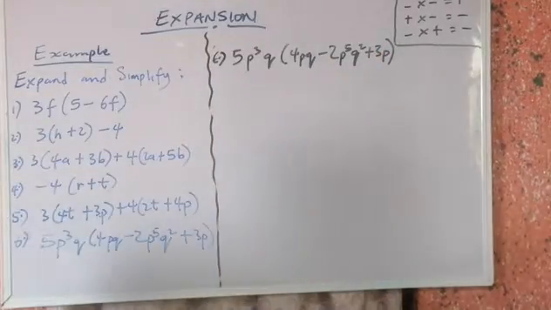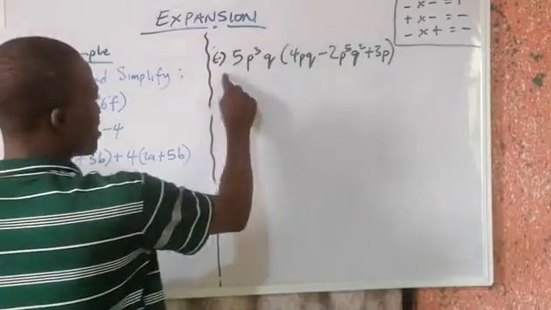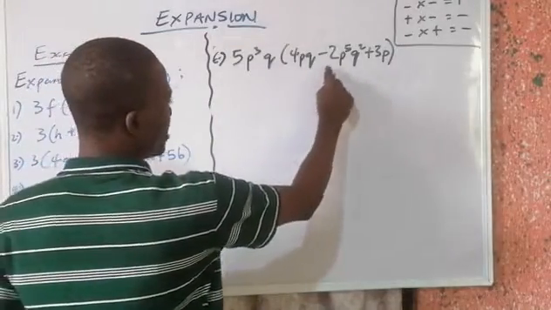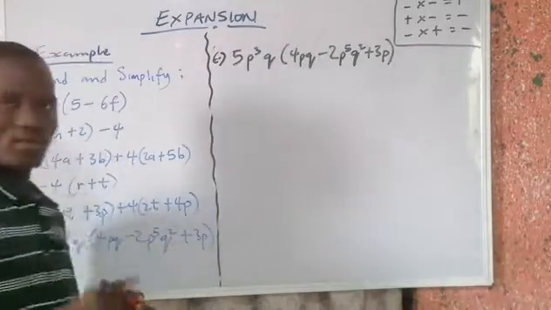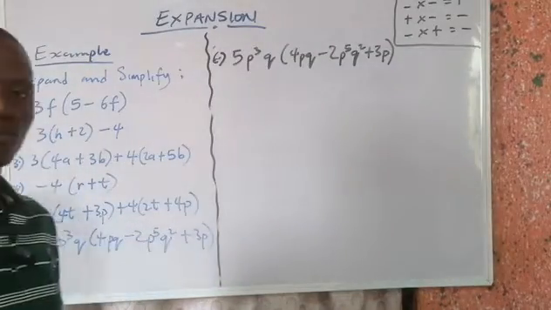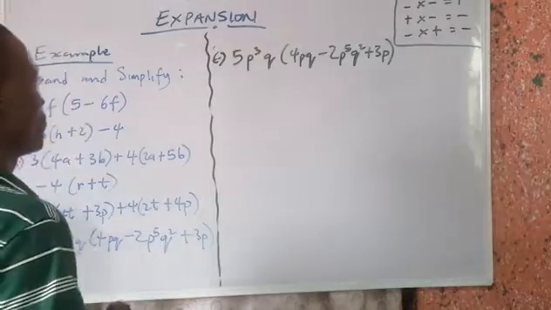So you have to take caution. We are using this to multiply each of these.